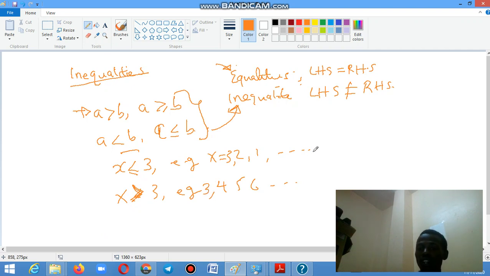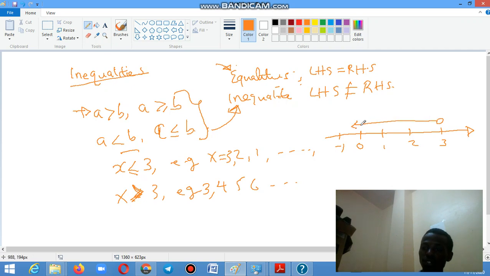So if I'm to draw this on a number line, I can say this is my number line, and I know that this is my 0, this is my 1, 2, 3, and the process continues. Also this side is for negatives. If it is x less than 3, you just stand on 3 and put an open circle like this. If it is less than, it means all these values.